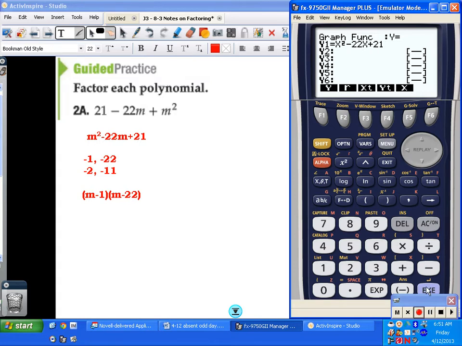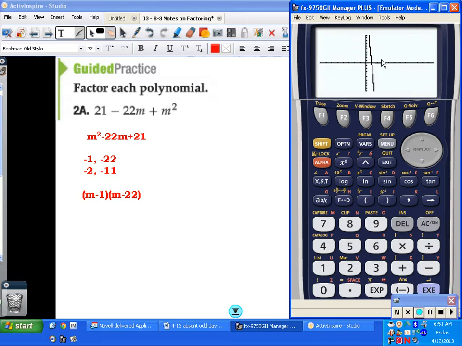That's the first one. And then the second one was parentheses x minus 1, and then parentheses x minus 22. So I have the problem, and then I have my answer, and I'll graph these.